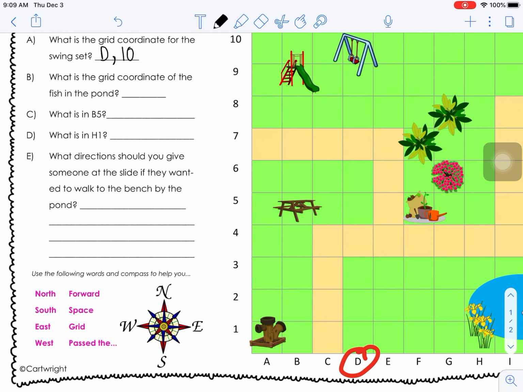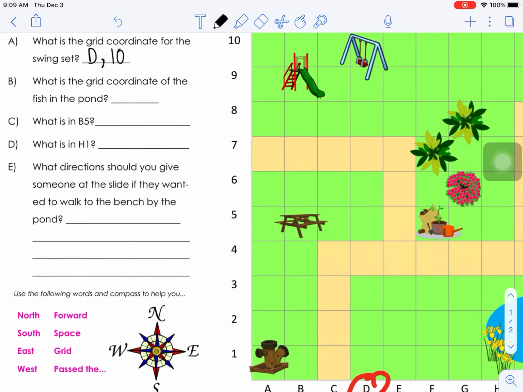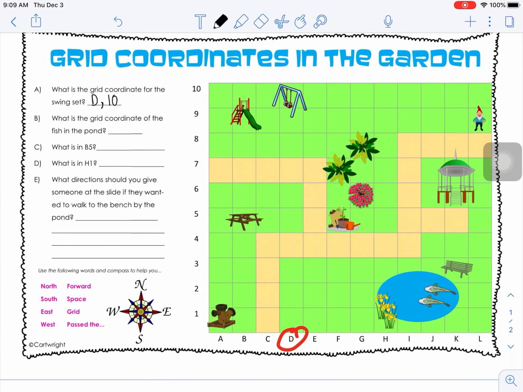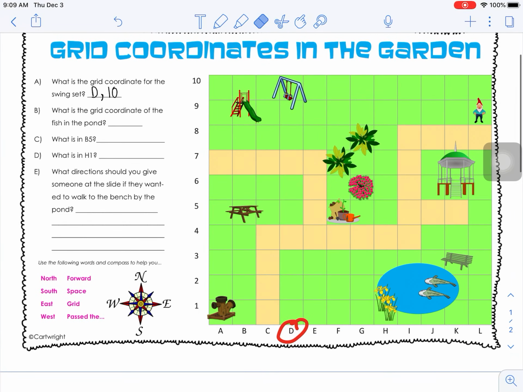Then you're going to do some hide and seek. So where it says what is in B5, you have to figure out what is hiding in B5. So I'm going to look at my letters first. Oh, there's B. And then I'm going to go up until I hit what number? Well, it says B5.